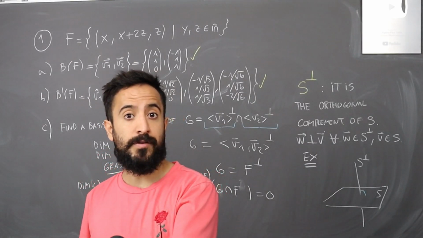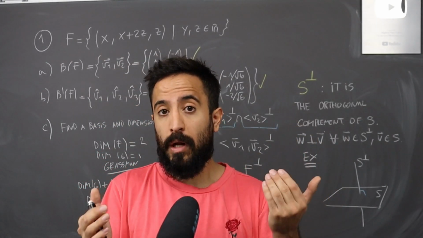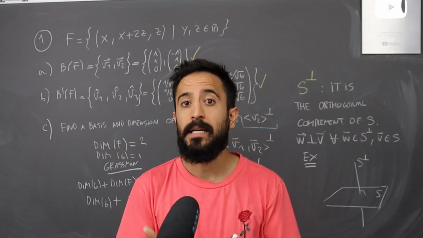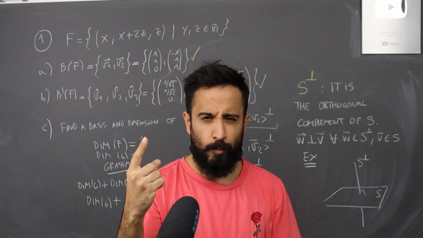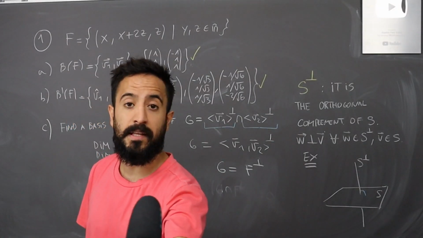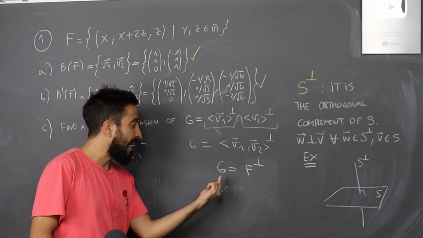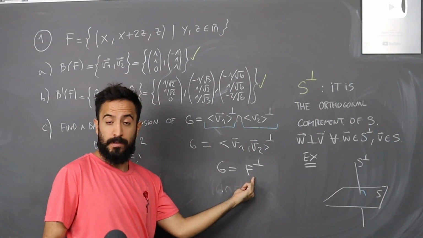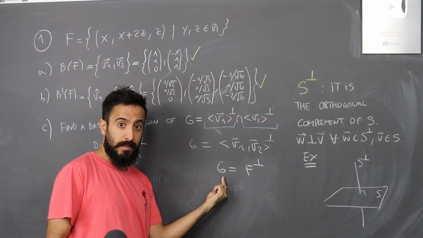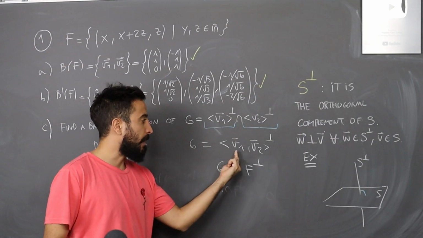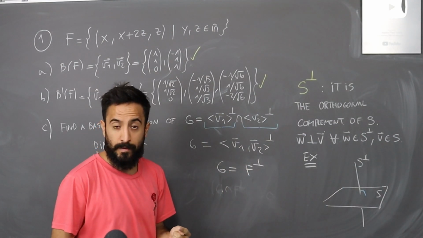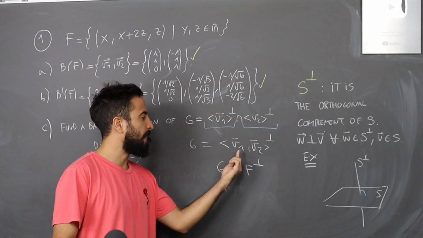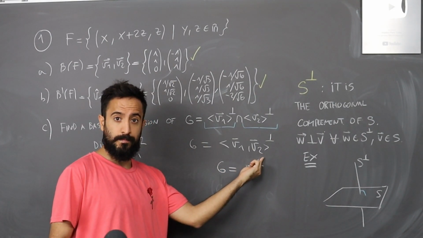Why do we want the dimension of G? How is that useful? Well, if we know that the dimension of G is 1, then we know that its base is made of one vector. What vector? Well, since G is the orthogonal complement of F, any vector of G should be orthogonal to any vector of F. So, any vector of G should be orthogonal to the vectors in the basis of F. Do we know a vector that is both orthogonal to V1 and V2?